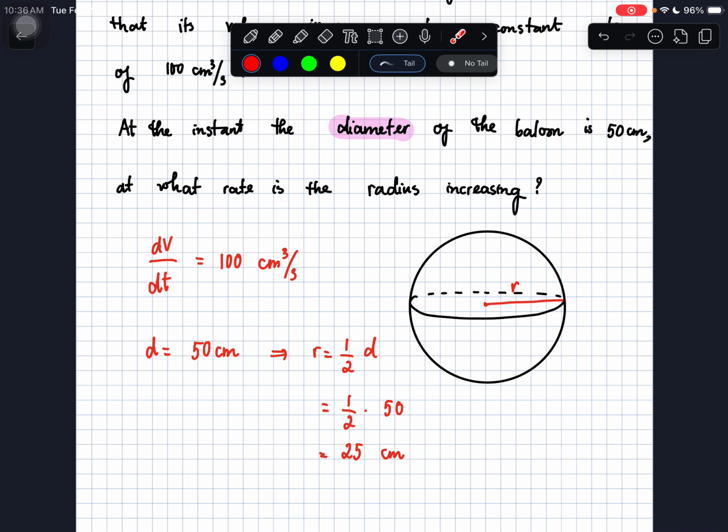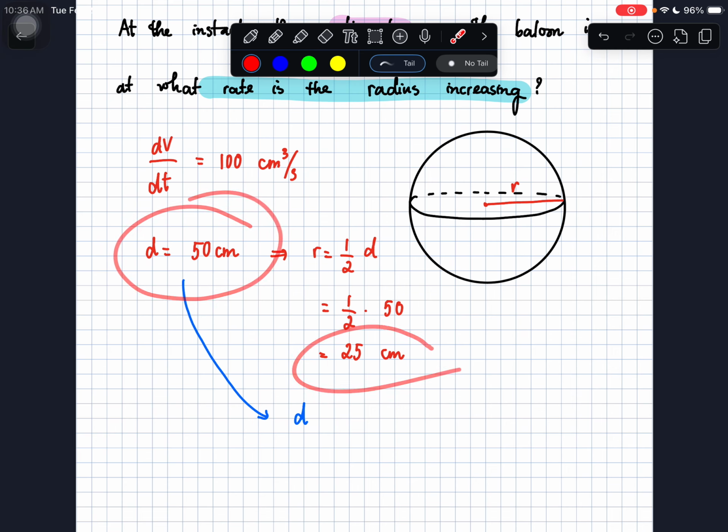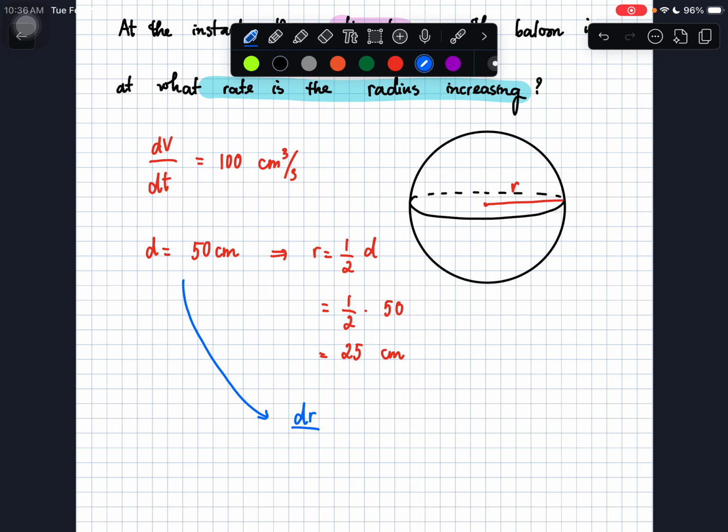We want to compute the rate. What rate is the radius increasing? So we want to compute, at this particular time when the radius is 25, what is the rate dr over dt.